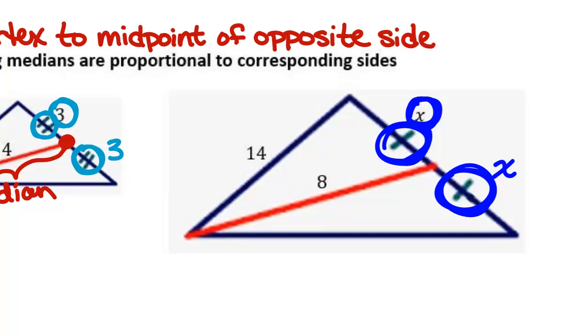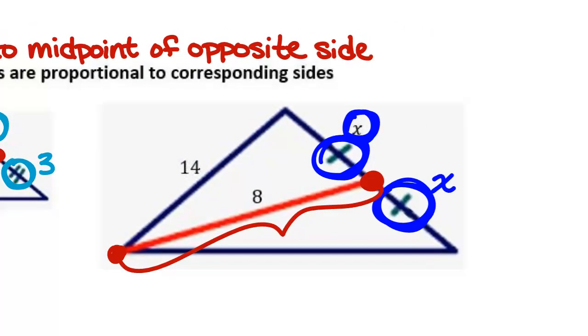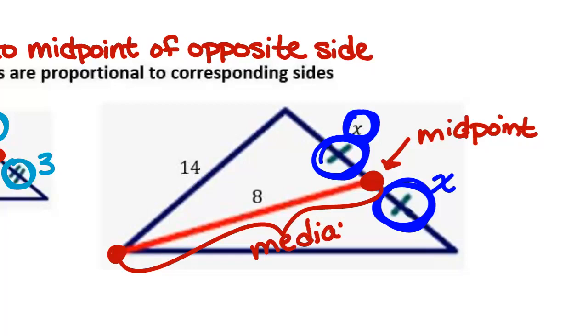Same thing on this larger triangle over here. It's going from a vertex to the midpoint of the opposite side. And again, I know that because it's dividing that side into two equal parts. So that means this is a median.